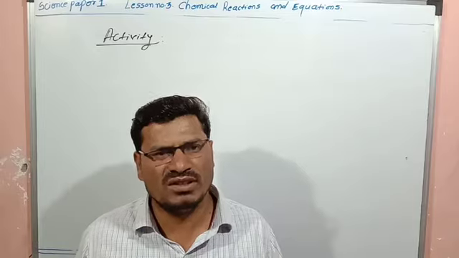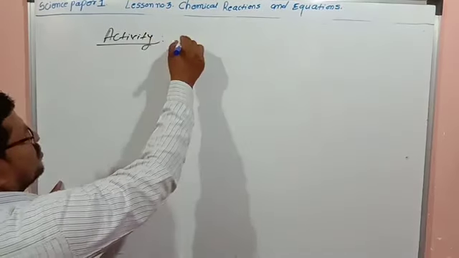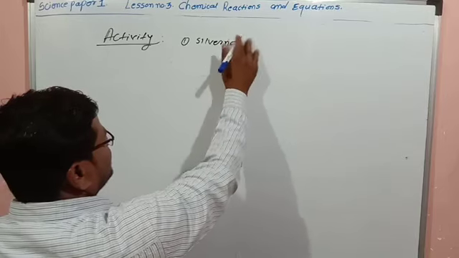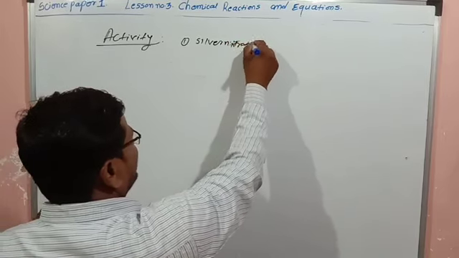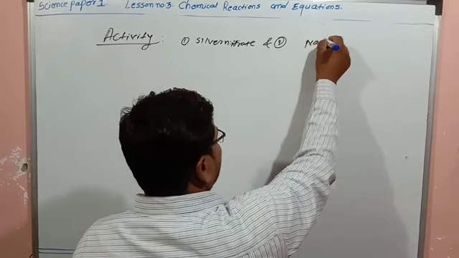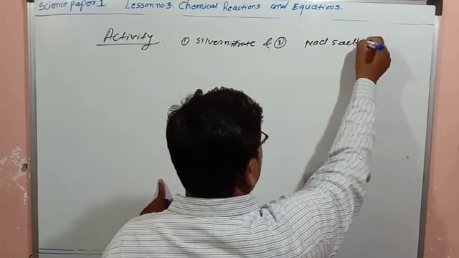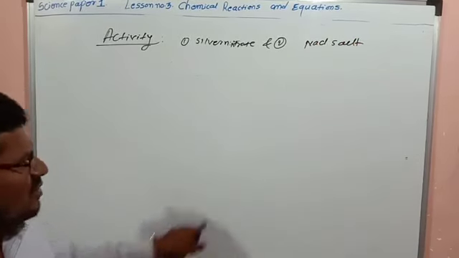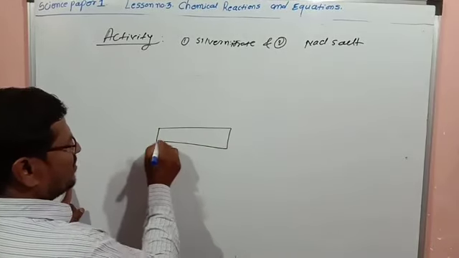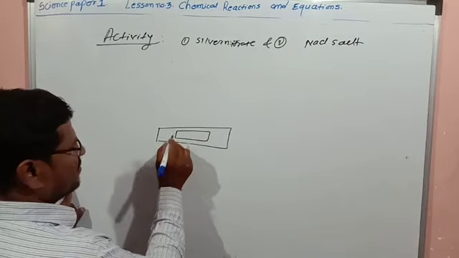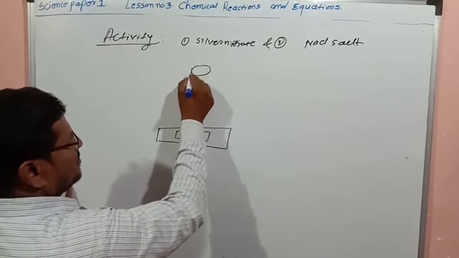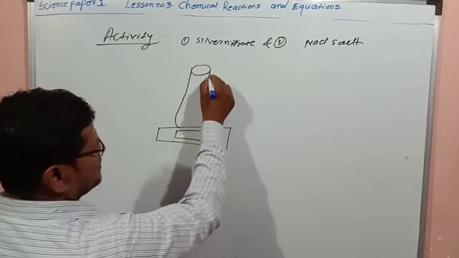Which substances do you have to take? Two things: silver nitrate, and the second one is the NaCl salt. First, you will take one weight balance. Here will be the reading. After this you have to take one conical flask.